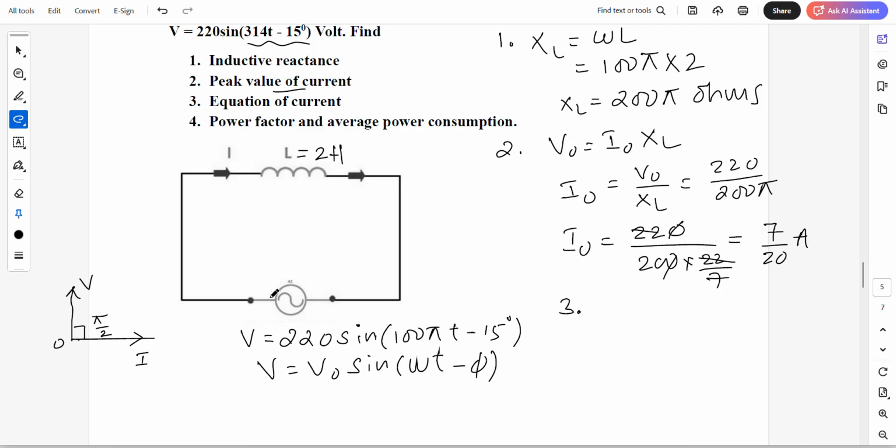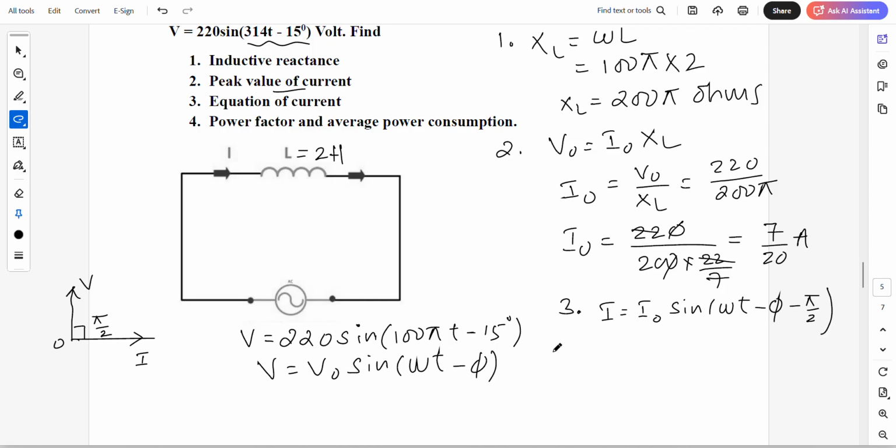V is equal to what? Equation of voltage they have given. We have to write the equation of current. Equation of current, I can write as I is equal to I naught sine of omega t minus phi. If you want to write the equation of current, you have to write minus pi by 2. Why? Because it is lagging.